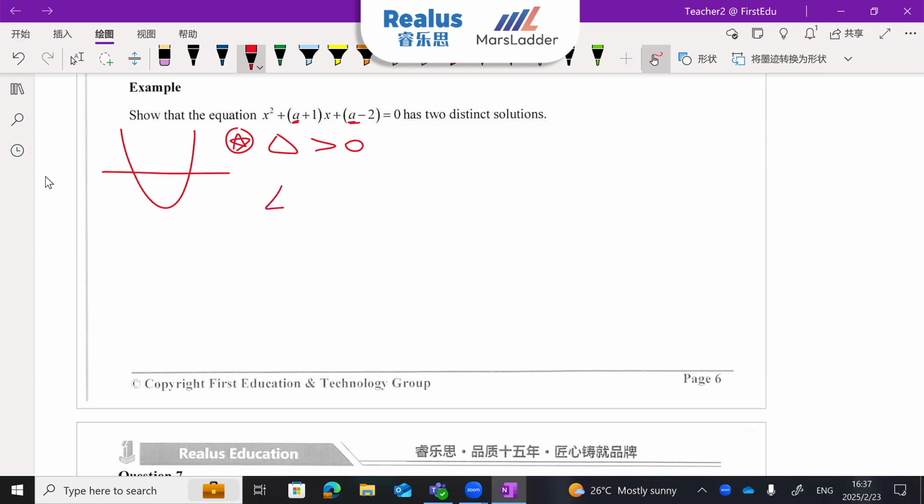For ax squared plus bx plus c, the discriminant is b squared minus 4ac. B in this case is this whole thing here, a plus 1, because that entire a plus 1 is the coefficient of x. So (a plus 1) squared minus 4 times a, which is 1, times c, which is a minus 2.